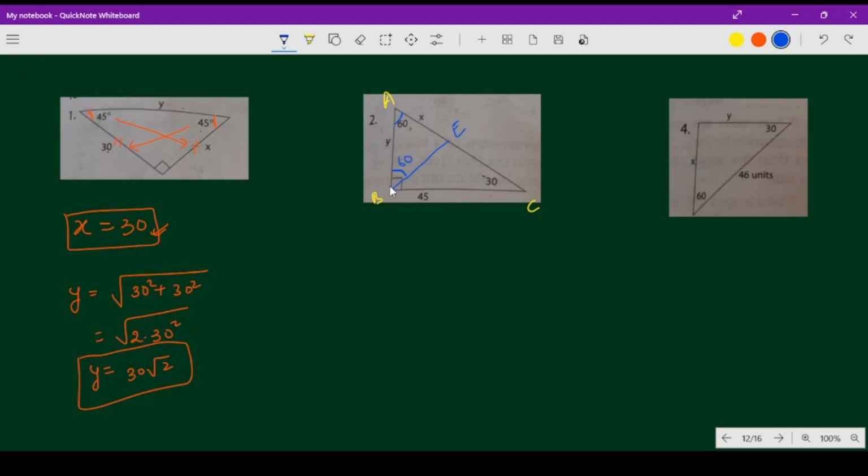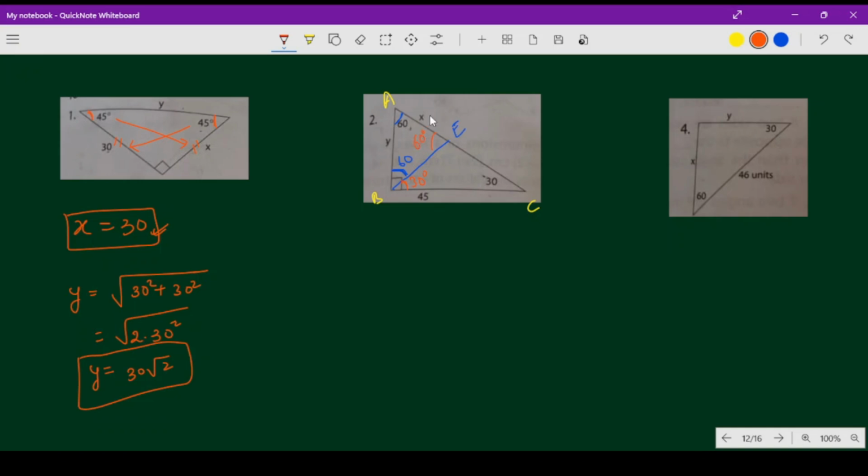As this angle ABC is 90, if I take this angle as 60 degrees, then the rest of the angle will be 30 degrees. Now if you look into this triangle ABE, the two angles are 60, 60, so the third angle will also be equal to 60 degrees.